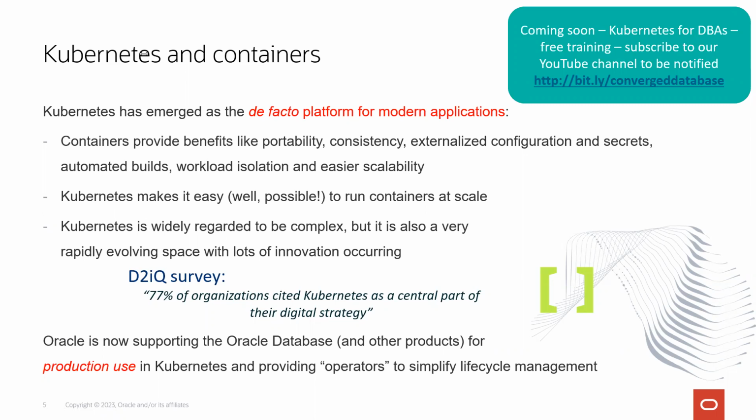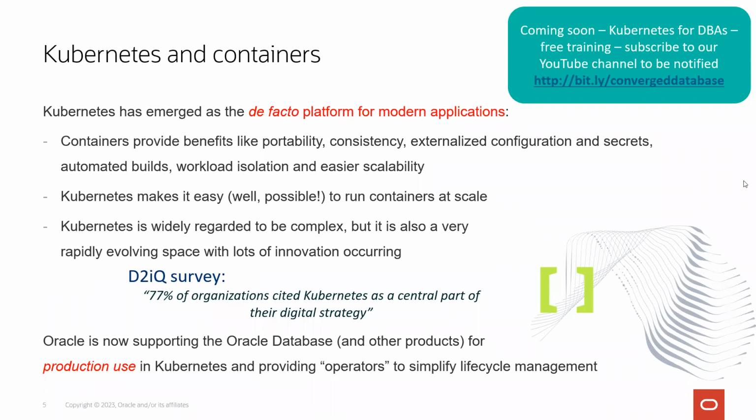You also get workload isolation, and it's easier to scale. Kubernetes runs those containers and makes it easy to run them at scale. But Kubernetes is also widely regarded to be complex, though it's evolving very fast to improve that, and lots of innovation is occurring.